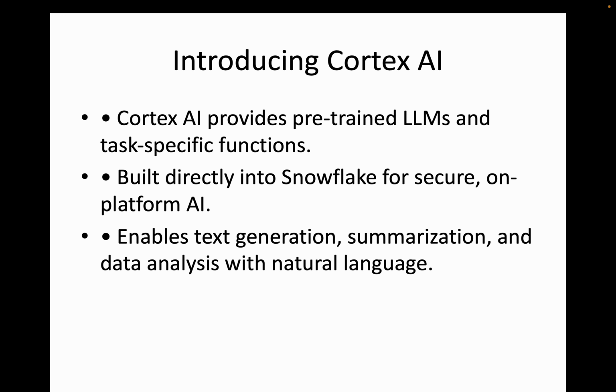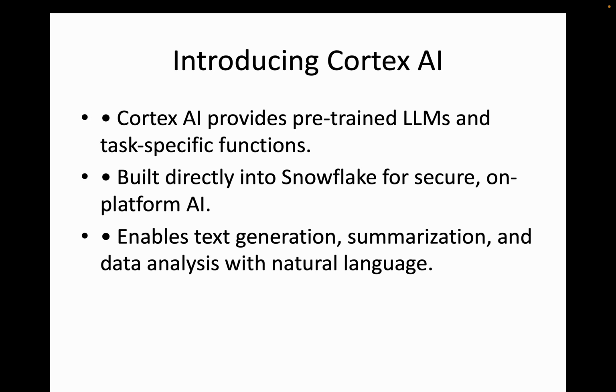So Cortex AI provides a pre-trained LLM and task-specific functions. The advantage here is you don't need to create a model, train it and see the efficacy and use it. We don't have to go for that. It is already a pre-trained model which you can leverage onto a dataset to get desired output.